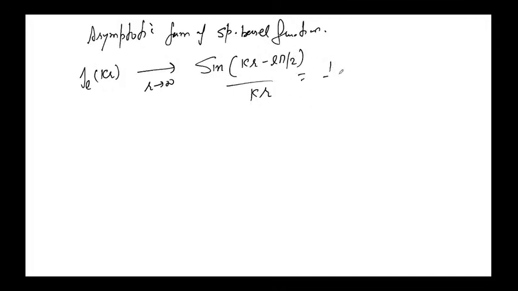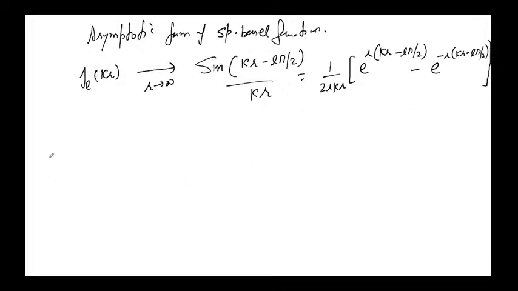Let us open it: it is 1 over 2i kr times exponential of i(kr minus L pi by 2) minus exponential of minus i(kr minus L pi by 2).